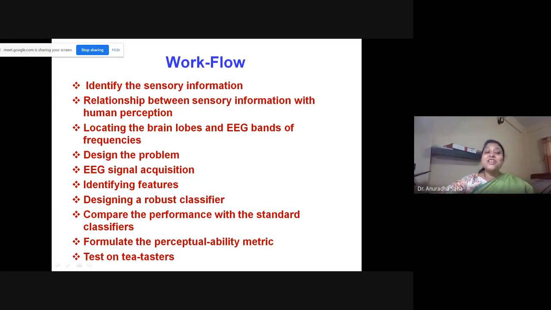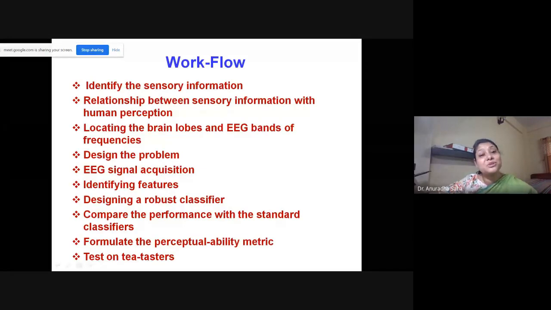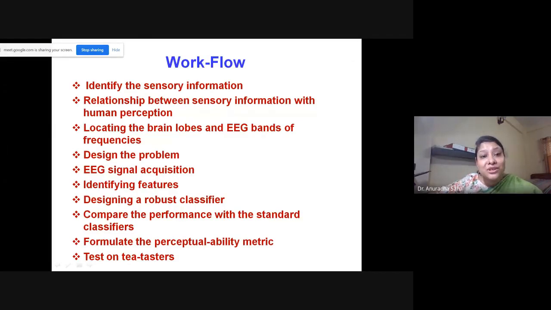After you complete your survey of the sensory information, the relationship between the sensory information and human perception, identifying the brain lobes and identifying the frequencies, now you are ready to design the problem, that is, how you are going to address the solution of this problem. And there lie the remaining steps of this workflow.